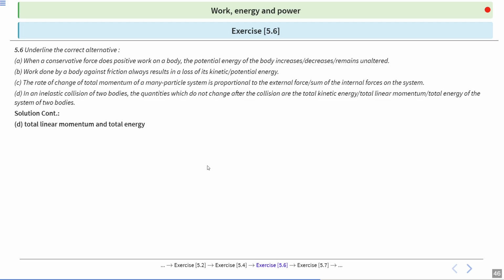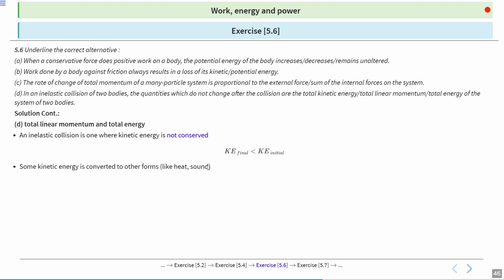D, total linear momentum and total energy. An inelastic collision is one where the kinetic energy is not conserved. It means final kinetic energy is less than initial kinetic energy. So some kinetic energy is converted to other forms like heat and sound.